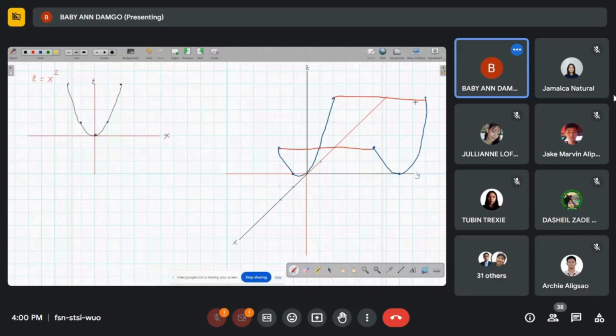Sige, so atong i-try og graph sa Desmos, kung correct ba akong drawing. We have z equals x squared. Okay, so this is the graph. So here.